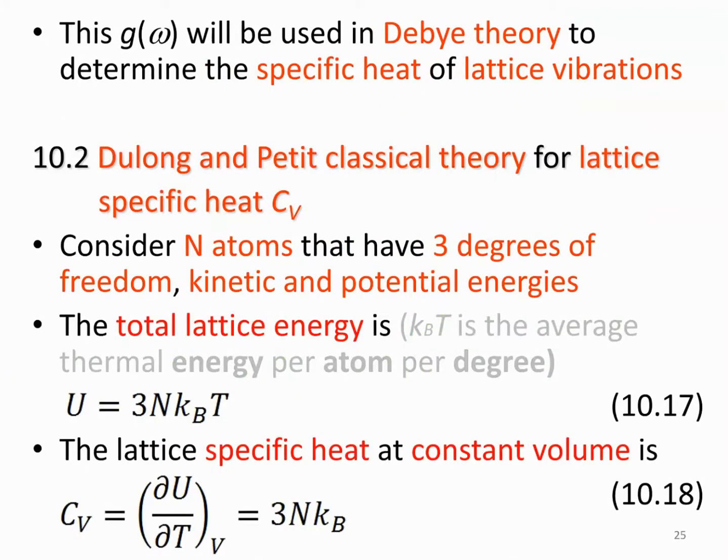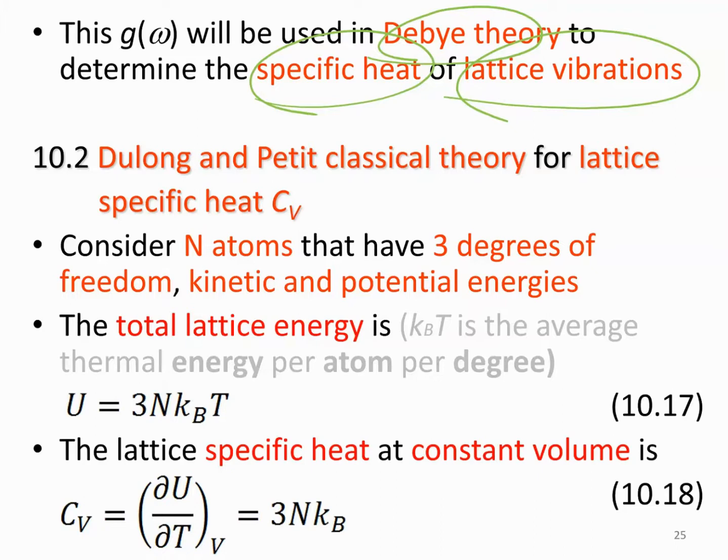So this density of states will be used in the Debye theory to determine the specific heat of the lattice vibration later on. Now there are a few slides after this simple modeling. A few scientists like Dulong and Petit came out with the classical theory for the lattice specific heat (CV). Their model is very simple.